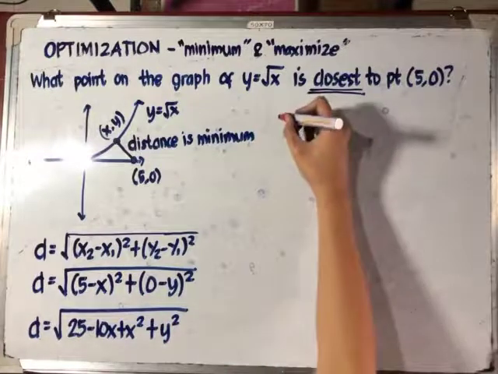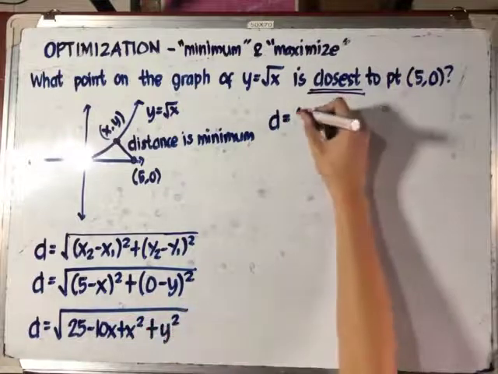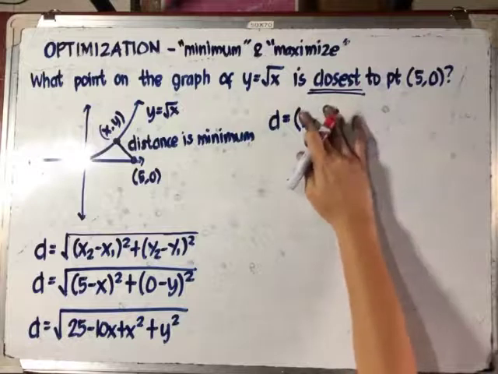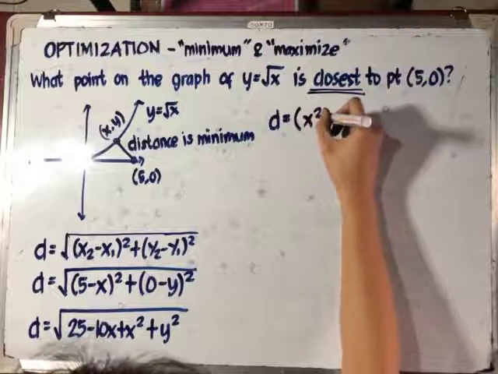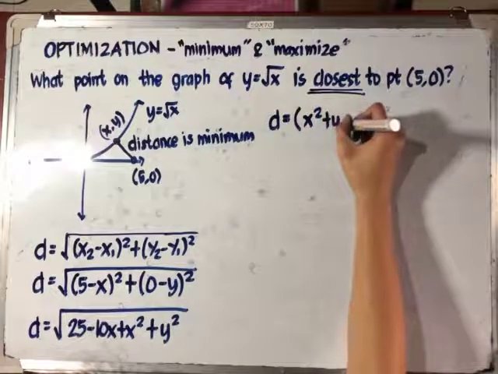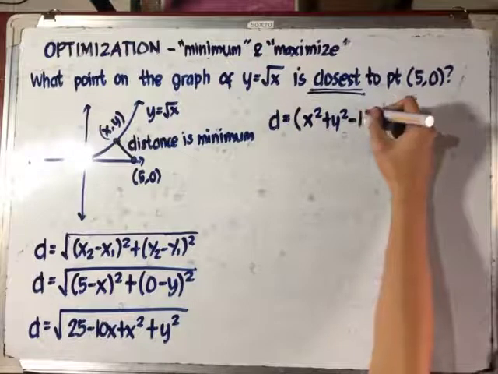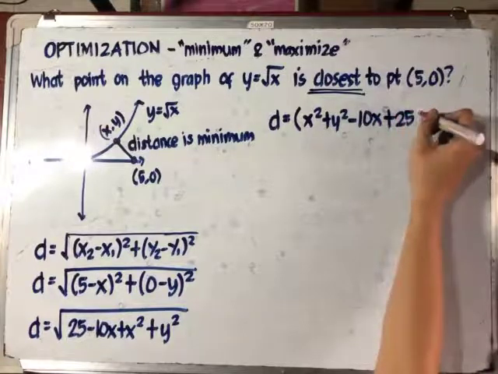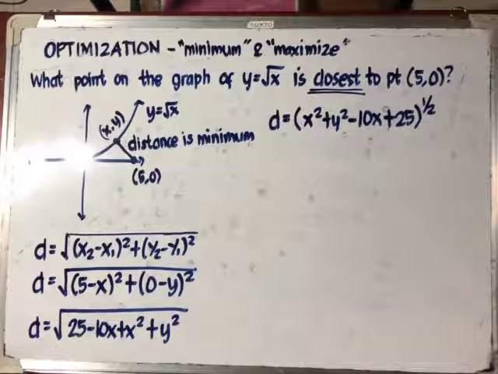I will rewrite this square root, writing the x and y first: x squared plus y squared minus 10x plus 25, raised to 1/2. That is how it will look.